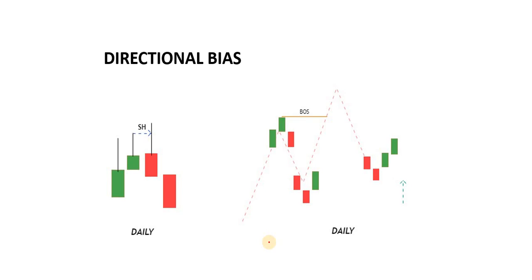For a swing high, the high of the second candle is higher than the highs of the first and the third candle. While for a swing low, the low of the second candle is lower than the lows of the first and the third candle. Okay? So that is how we define a swing high or a swing low.